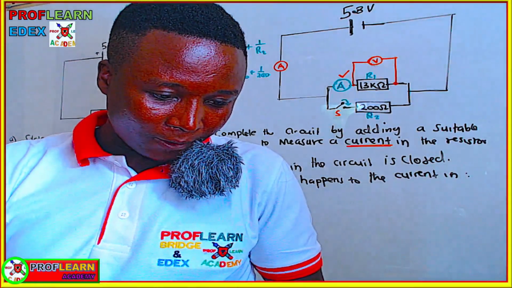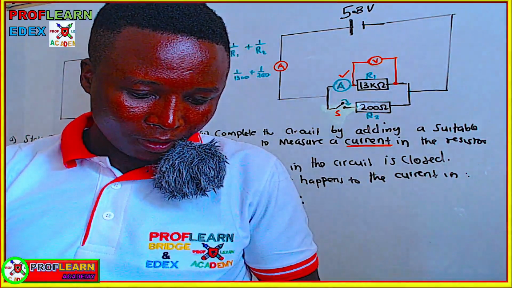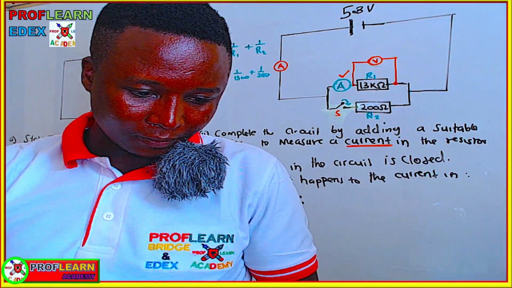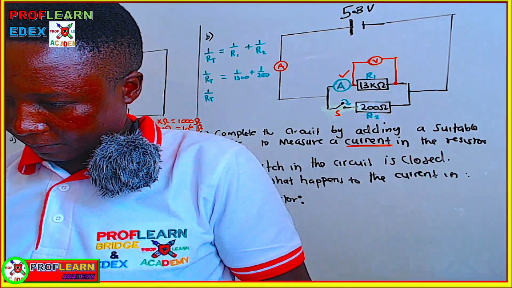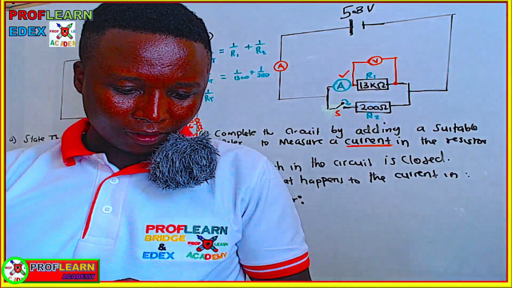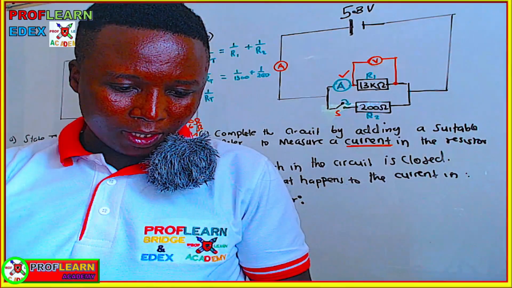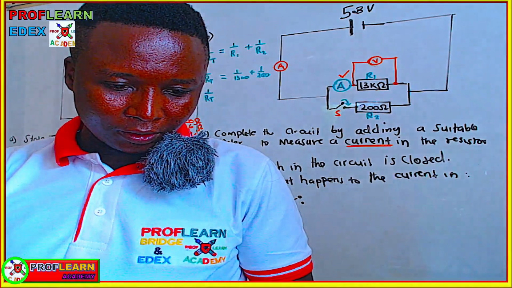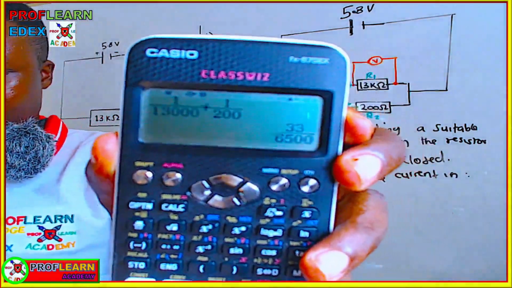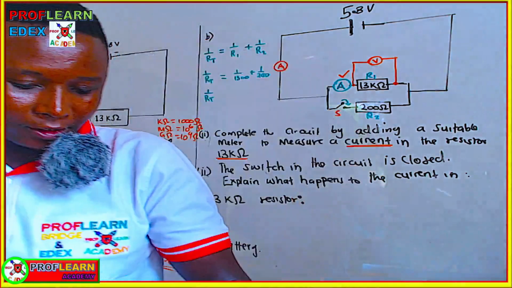This is 1 over 13,000 plus 1 over 200. It's giving me 33 over 6,500.